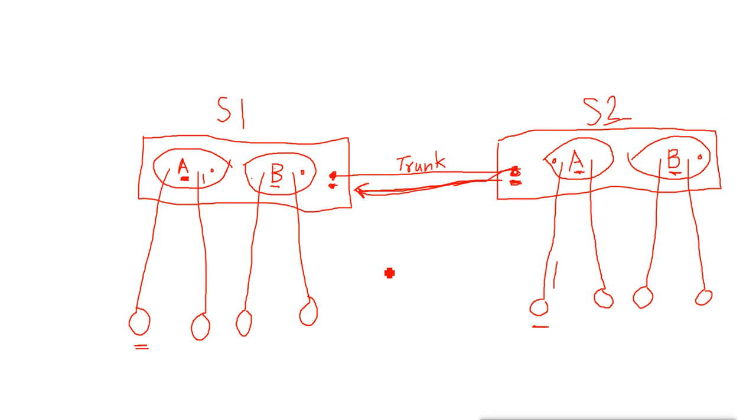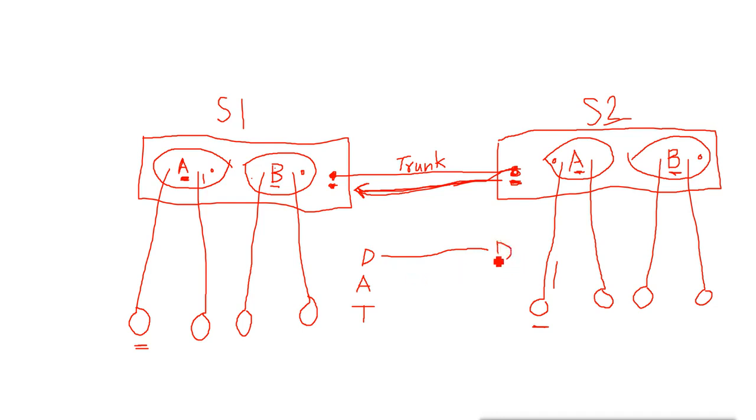So very simple, we have two options in dynamic, which are desirable and auto, and we configure trunk manually. If one side is desirable and the other side is also desirable, that is the default, they will not convert into trunk.